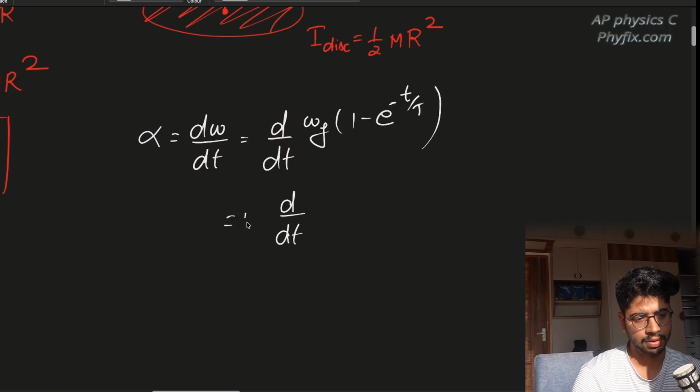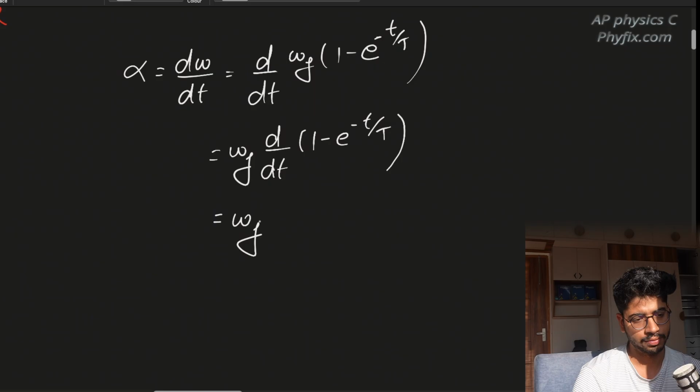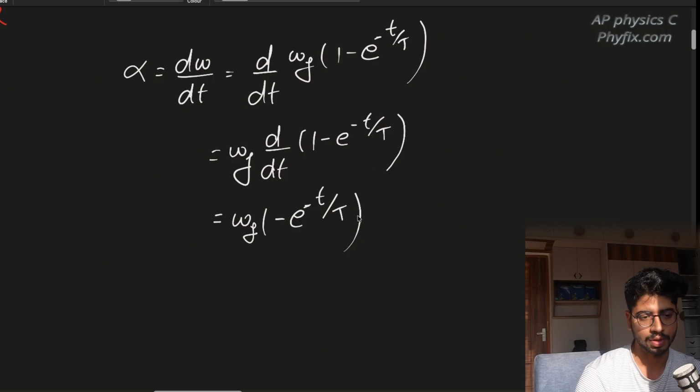Omega f is a constant, so it will come outside. The derivative of the one is 0, and the exponent remains the same. Then according to the chain rule, I have to differentiate the upper part again.